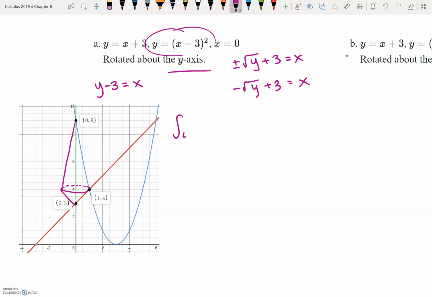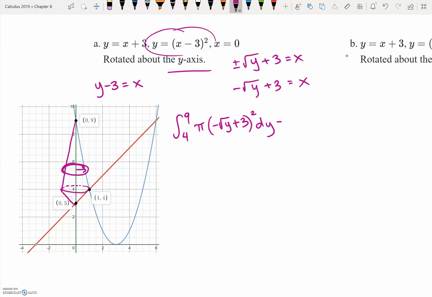So we're going to take the integral from 4 to 9 of pi r squared, where our radius is to the blue line. So pi times negative square root of y plus 3, squared, dy. That's the radius of this circle here.